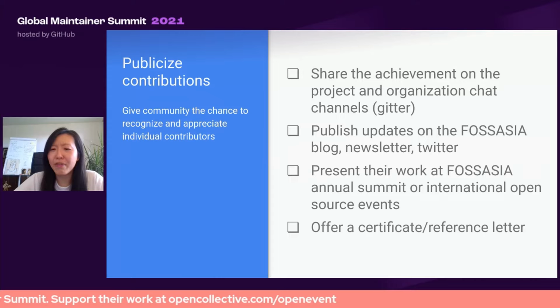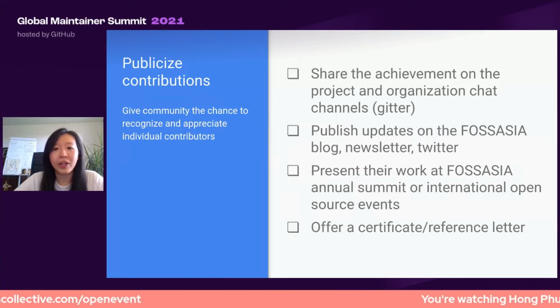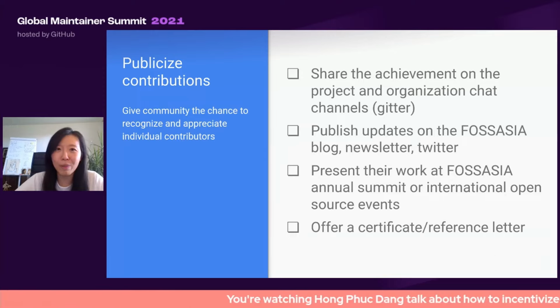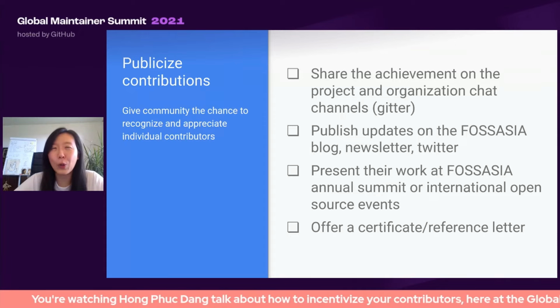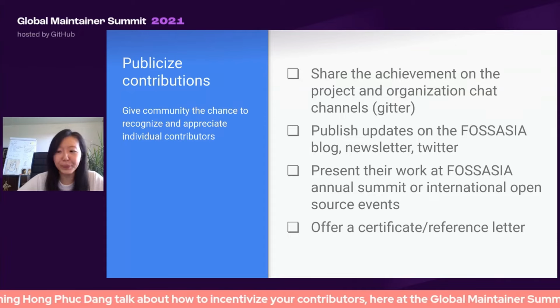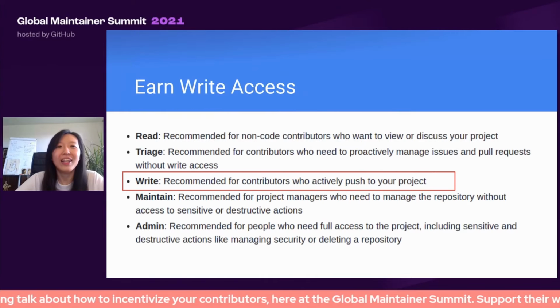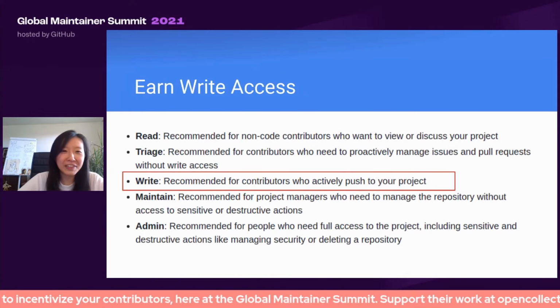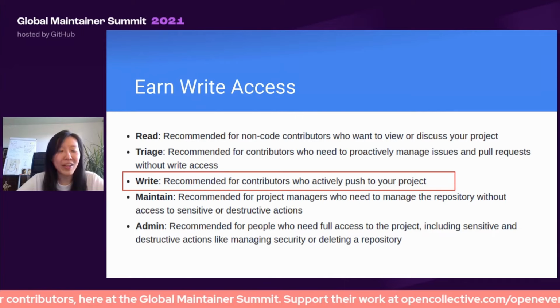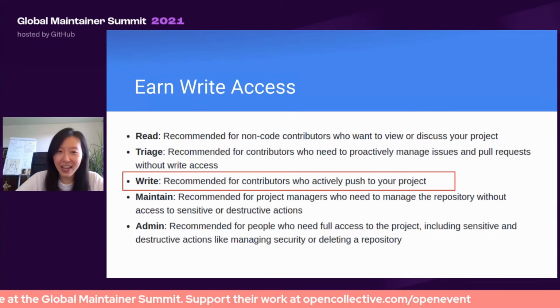One other thing that's also very important for young developers and students is a certificate or reference letter that helps them with their job seeking or higher education. Another recognition method is earning write access.